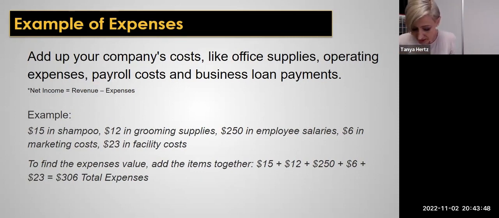And I give you lots and lots of sample expenses for a home-based business. Remember also, if it's a home-based business, any rent that you pay for living in the house, as long as you're also using that space for a business, that's a deductible expense.